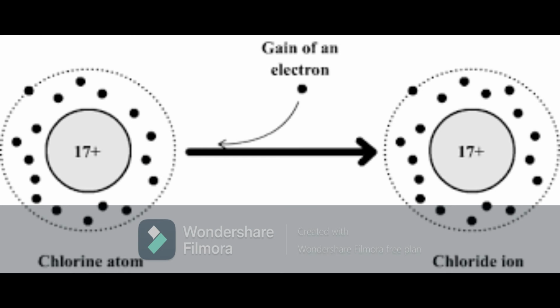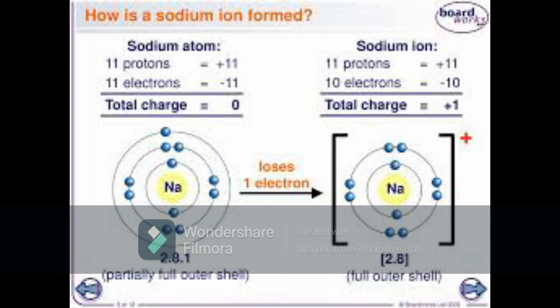So now we are going to learn how to write the chemical formula. For writing the chemical formula, you have to know the tabular column on page number 37, table 3.6, how the elements will form either positive ions or negative ions. All the metals will form cations, all the non-metals will form anions.